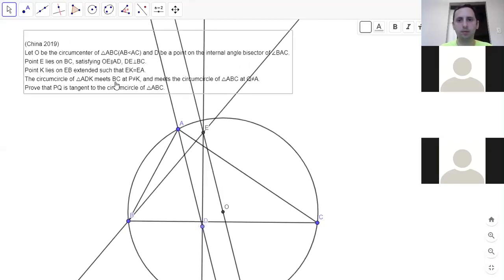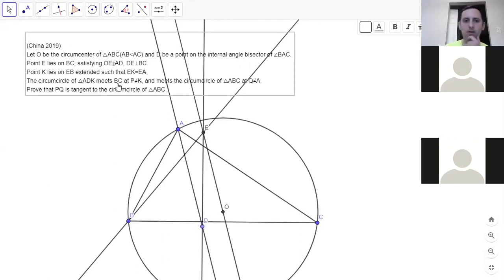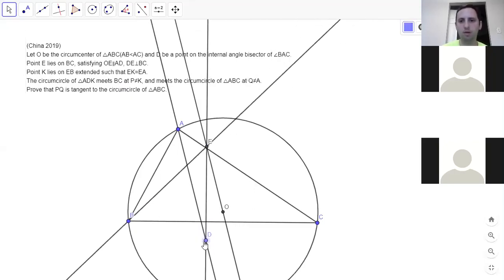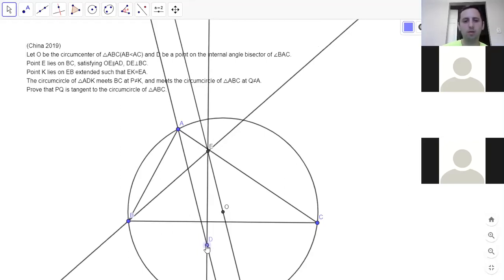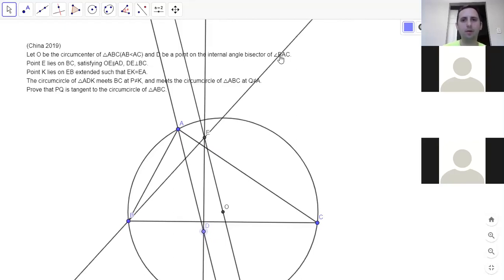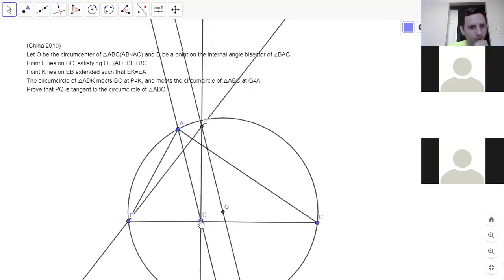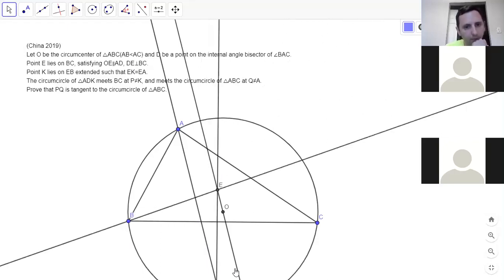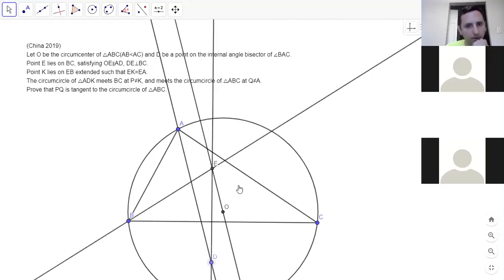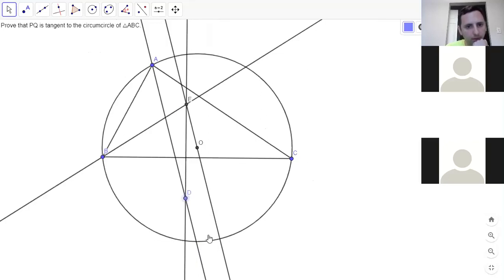E is the intersection of the parallel line through O to the angle bisector. Oh, because E lies on BC. I'm sorry. Yeah, you're right. So there's only one possibility for, okay, so E has to lie on BC. See how that works.